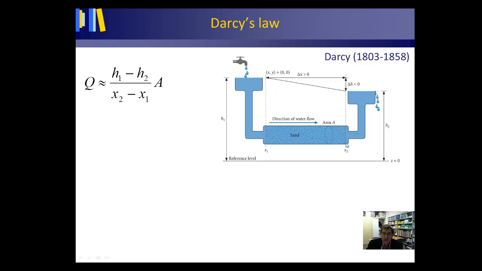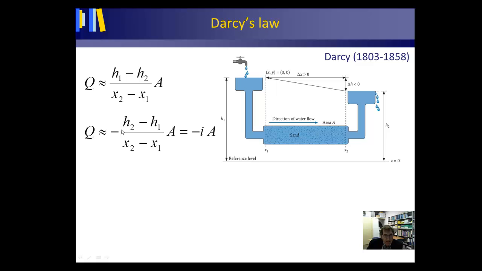So through the porous water resisting medium, that's H2 minus H1. And then of course we can rewrite this part of the equation as Q being related to H2 minus H1 divided by X2 minus X1 times A, but now of course with a minus sign inserted here.